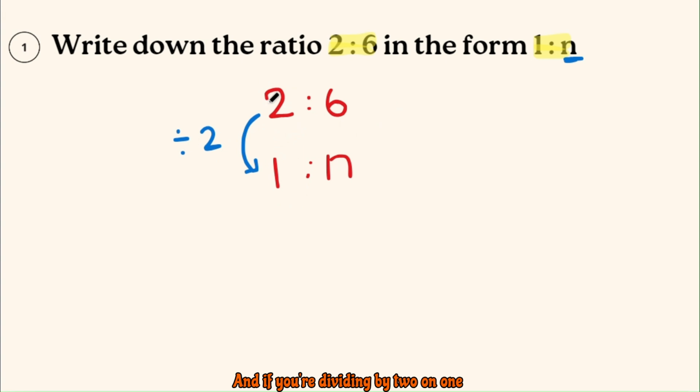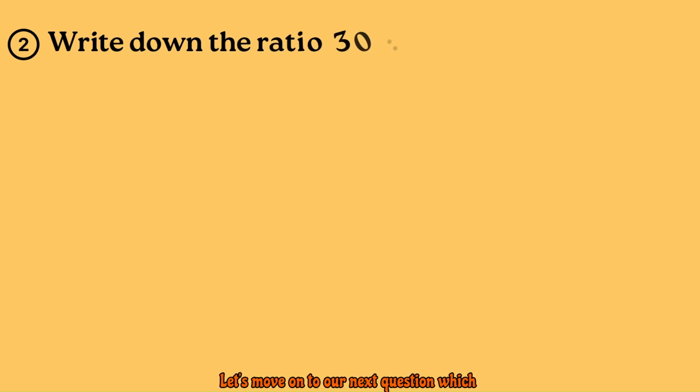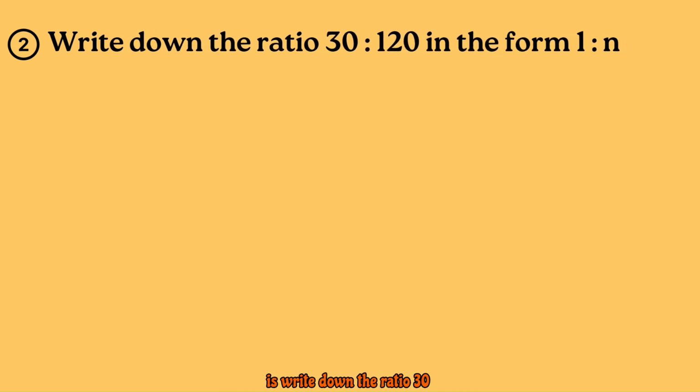And if you're dividing by 2 on one side, we're going to do the same on the other side. So that would mean dividing 6 by 2. 2 divided by 2 is 1, and 6 divided by 2 is equal to 3. So our answer would be 1:3.